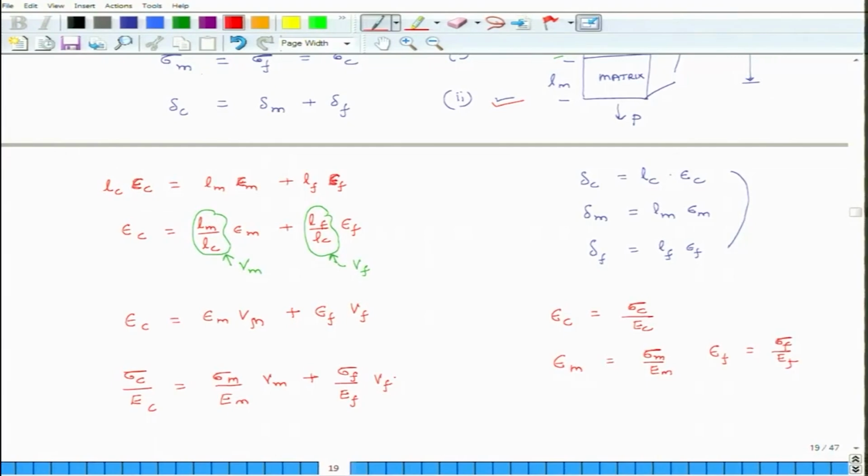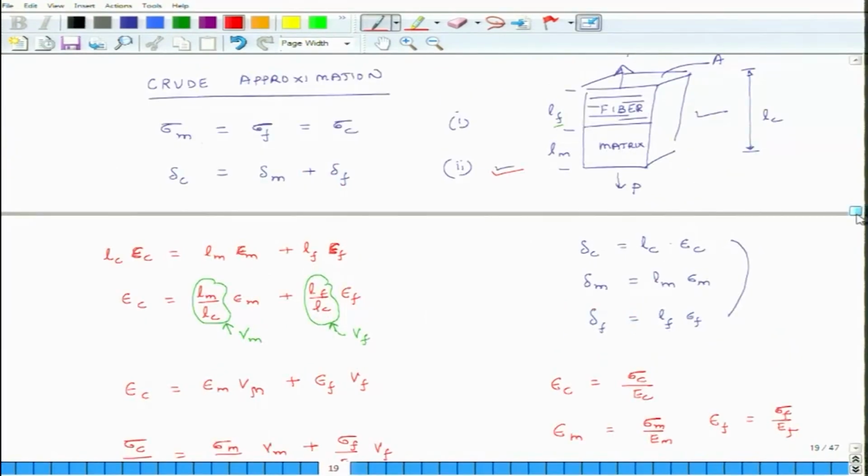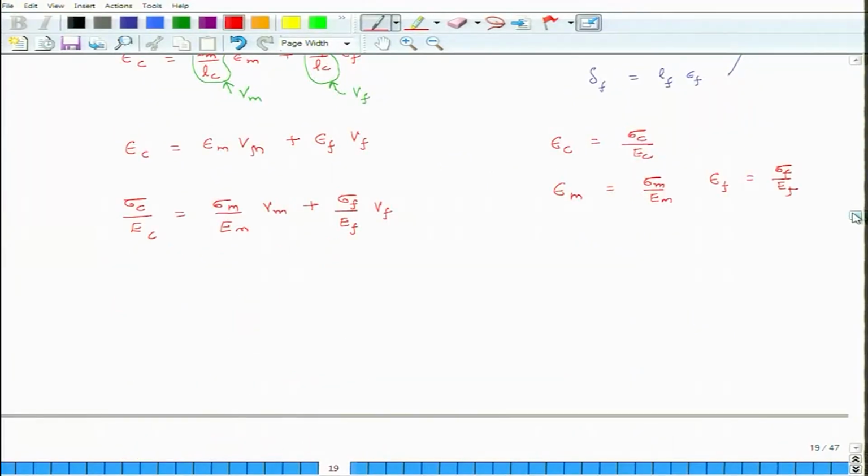But we said sigma m equals sigma f equals sigma c. So, I can write 1 over Ec is equal to Vm over Em plus Vf over Ef.